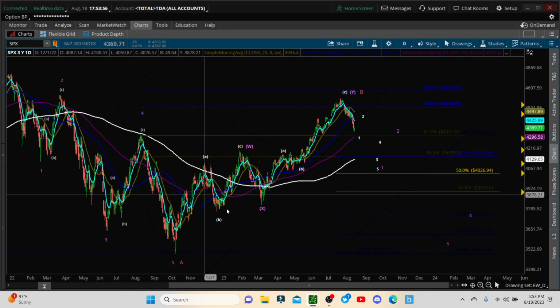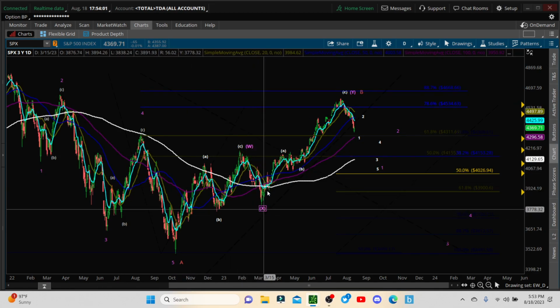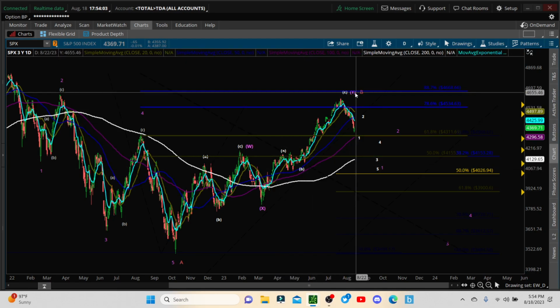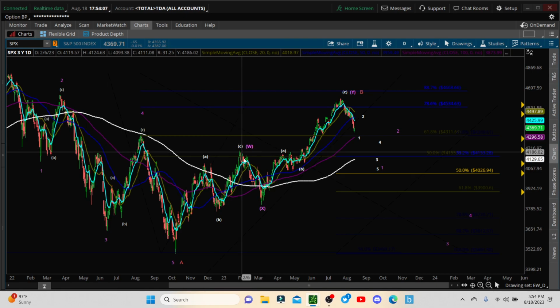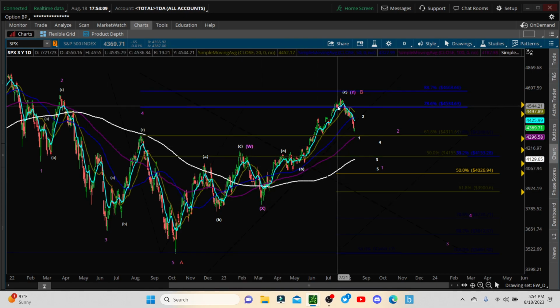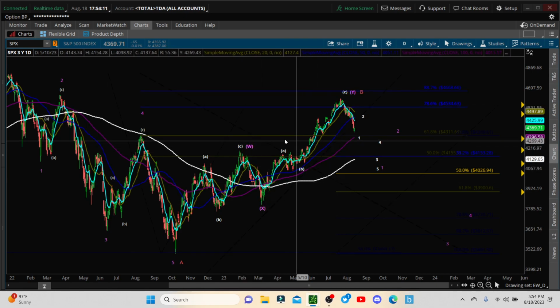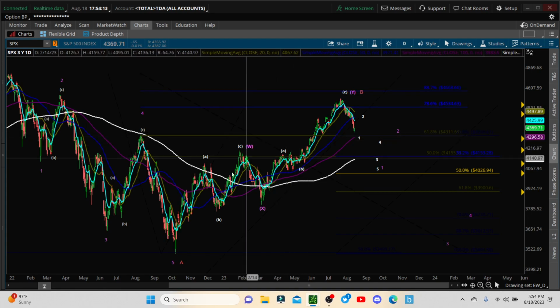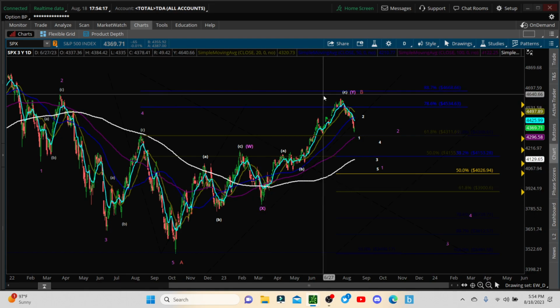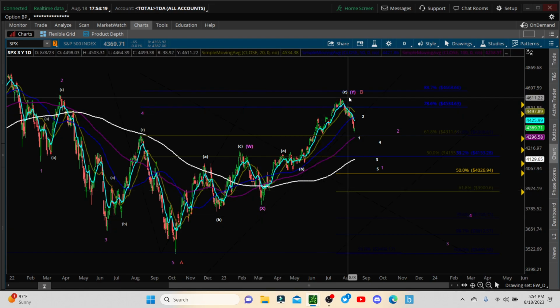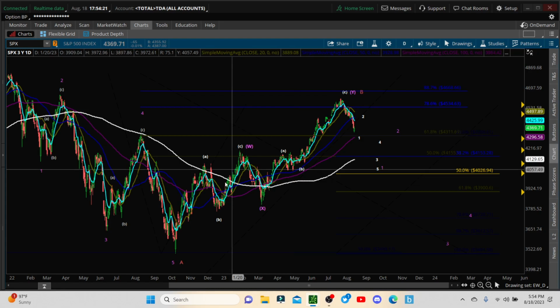And then we had an ABC up for wave W, wave X, and then an ABC up for a wave Y. All that's saying is that it's a zigzag plus a zigzag, which gives you a WXY. This is just a simple retracement. There's ways that you can draw it to where you say that this whole thing is a zigzag itself, but that's how I'm having it right there.